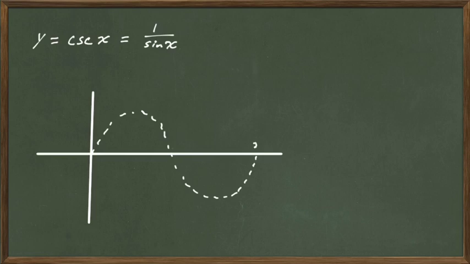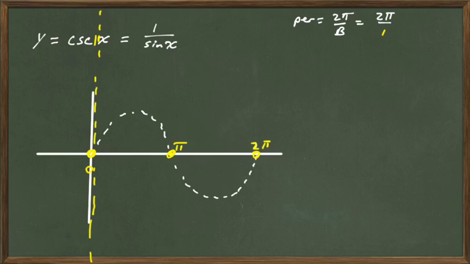Sine and cosine, the period is 2 pi over b. So in this case, it would be 2 pi over, what is the b? 1. So that makes the period 2 pi, makes this pi, makes this 0. Wherever the sine is 0, which is where it hits the x-axis, you can't divide by 0, so that creates vertical asymptotes.